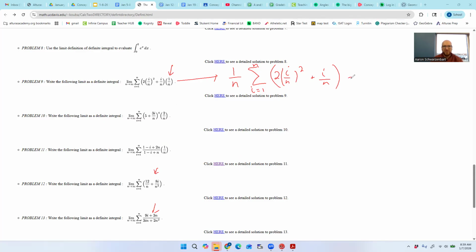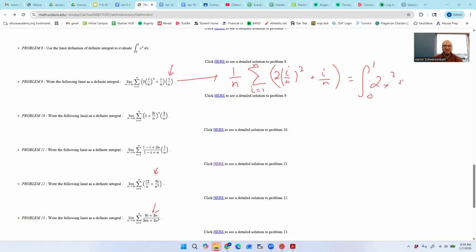Okay, so what are the bounds of my integral? Zero to 1. The i over n's I can change to an x.